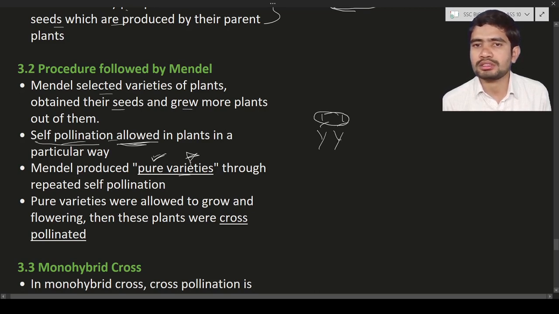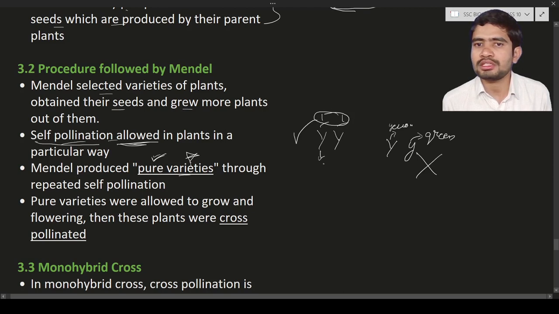A pair of the genes, both are the same, so this is pure. Let us take another example. This is Y, and this is small y. This gene is responsible for the yellow, and this gene is responsible for the green. Are both the same? No, both are not the same. So in this case it is not pure. In the other case it is pure.